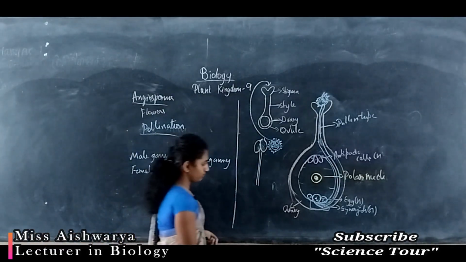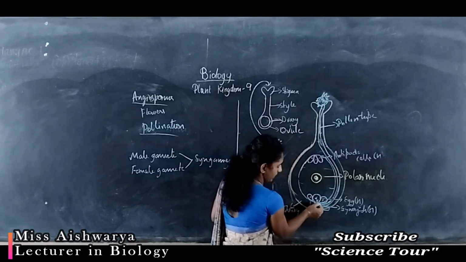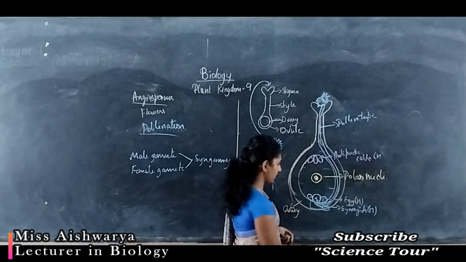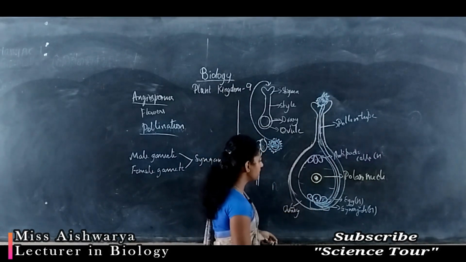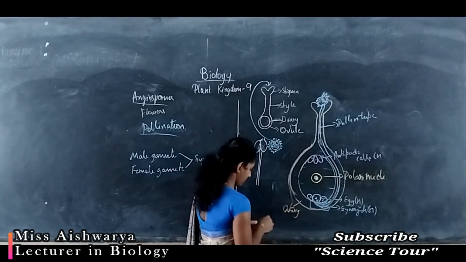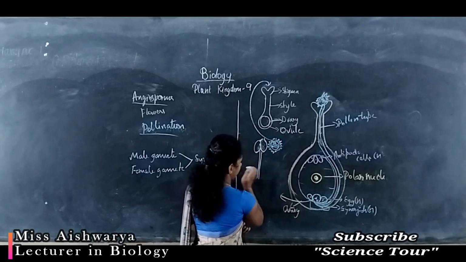Okay, very important, syngamy. Here syngamy takes place. The male gamete fuses with the egg nucleus and forms the zygote structure.